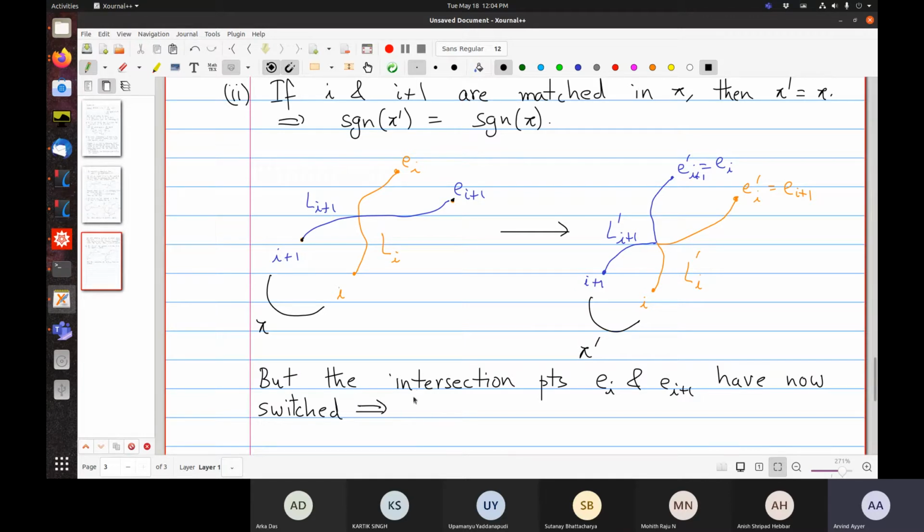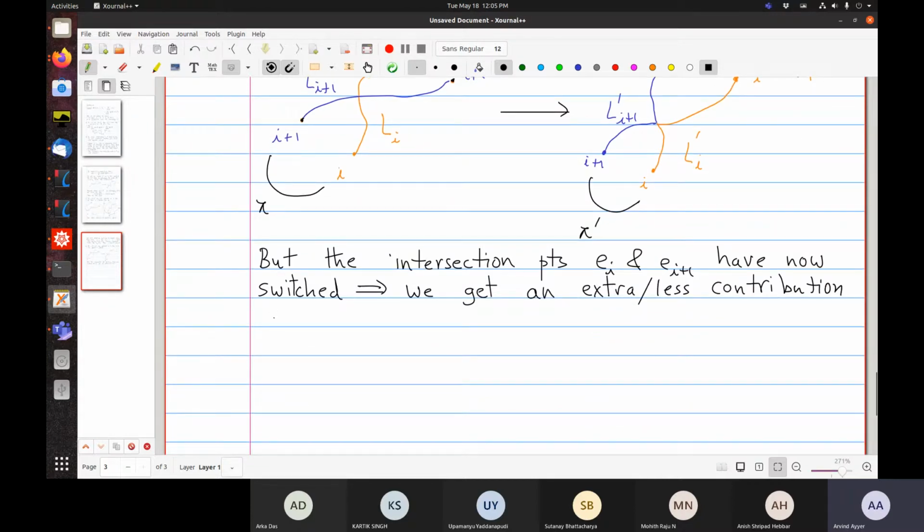And so we get an extra or less contribution to inversions in L pi, sorry. Thus, W of L pi is minus W of L prime pi.